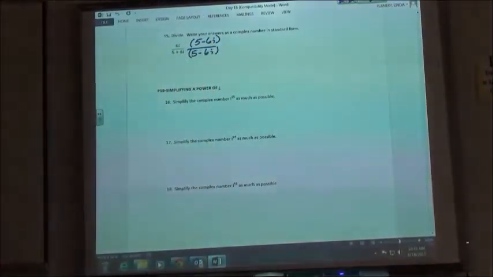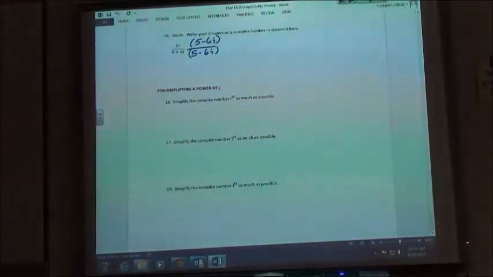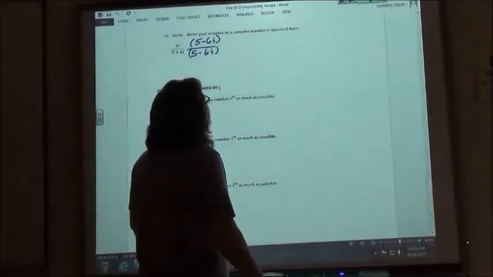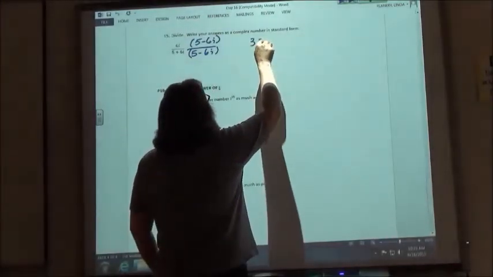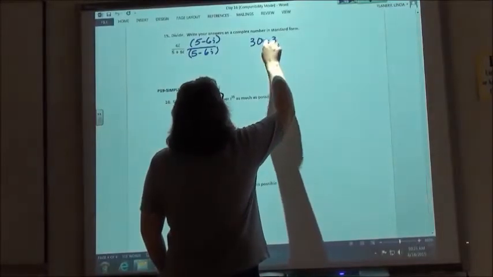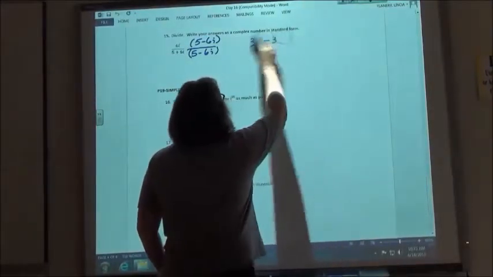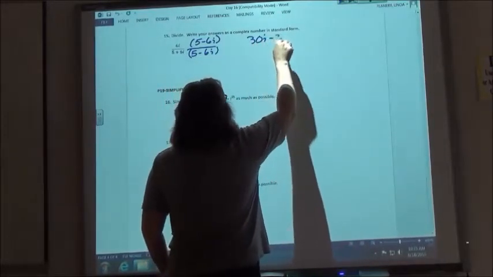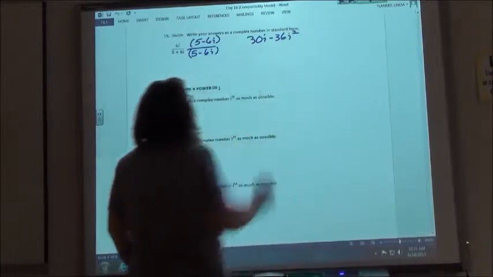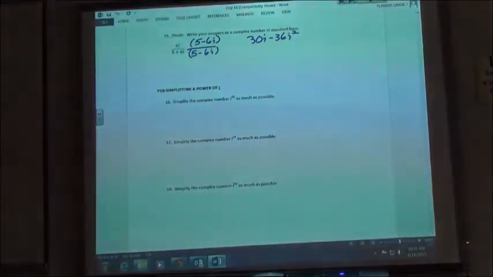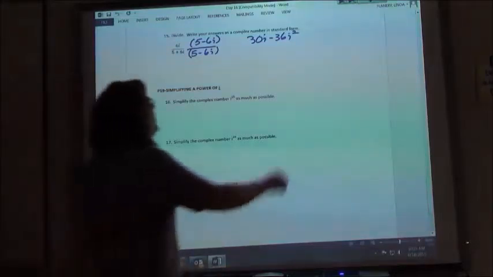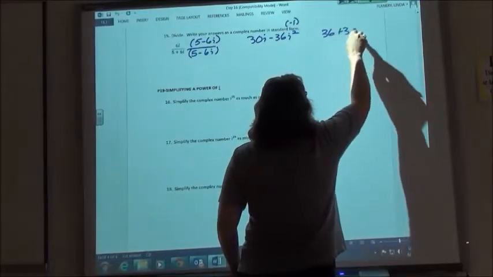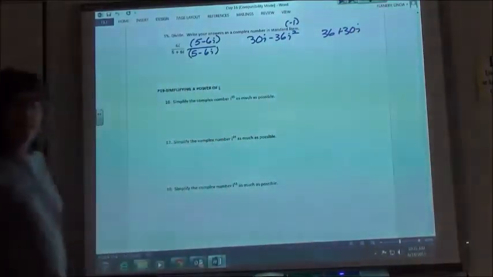So using my distributive property on top, I would get 30 minus 30i, and 30i minus 36i squared, right? i squared is equal to negative 1, so that makes that a positive 36 plus 30i in standard form.